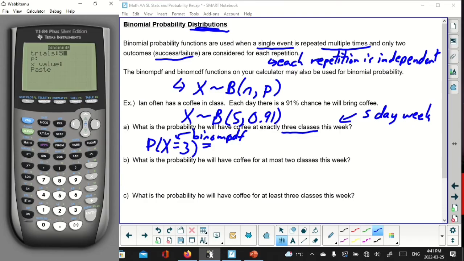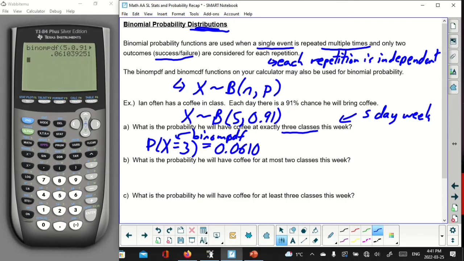Number of trials, there are 5. Probability of success is 0.91. And the x value is the number of successes. So I'd put in 3, and I'll hit enter a couple of times, and it will just work it out for me. The probability of exactly 3 classes with coffee is 0.0610. So about a 6.1% chance.